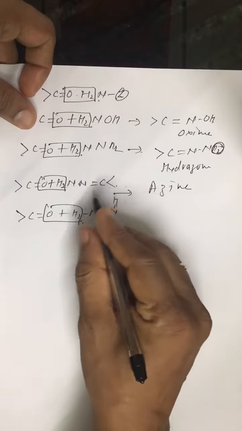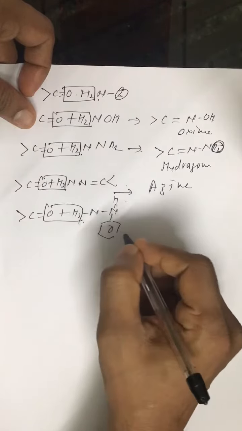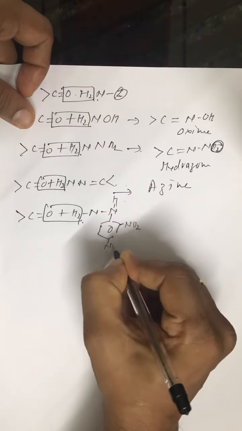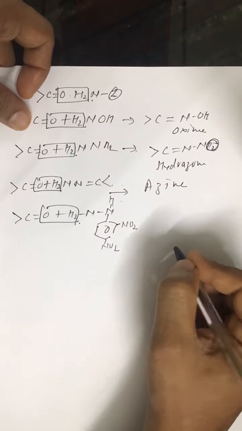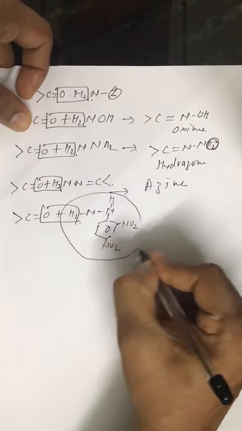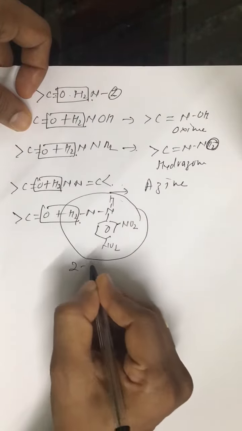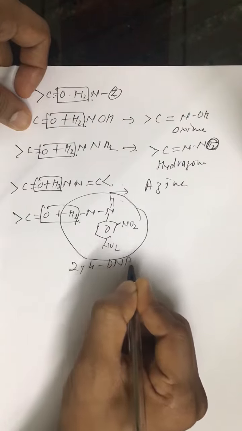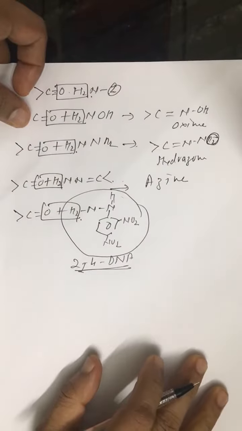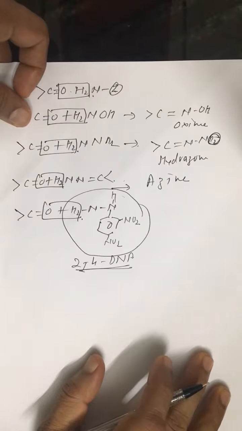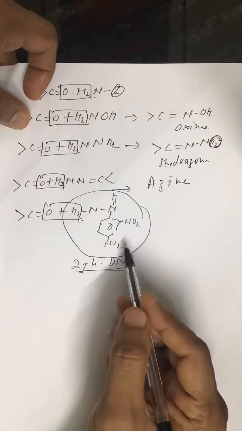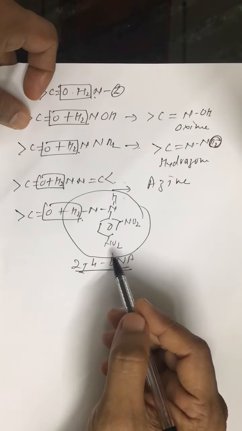And in this phenylhydrazine, if you place NO2 groups at the ortho and para positions, then this reagent is called 2,4-DNP, dinitrophenylhydrazine. Carbonyl compounds, aldehydes and ketones, give a yellow-orange color with 2,4-DNP.